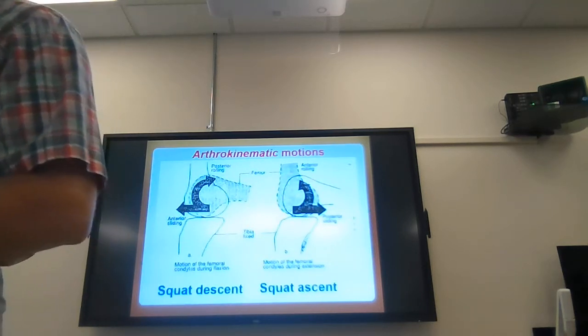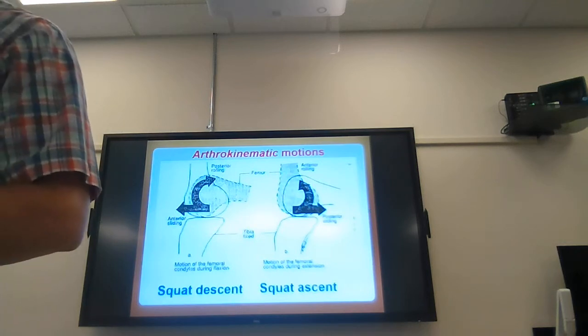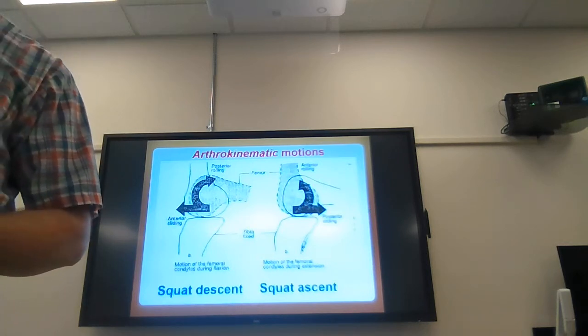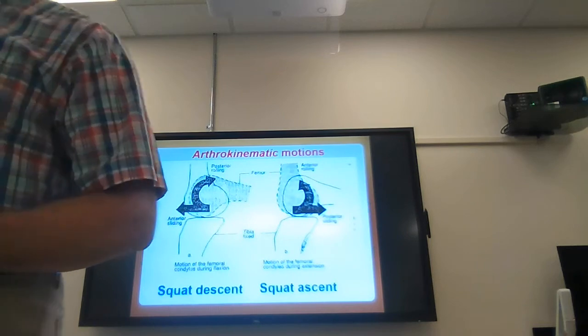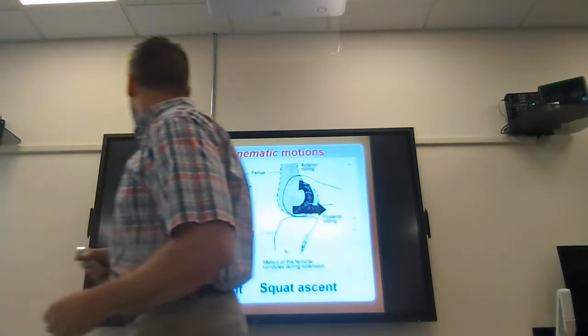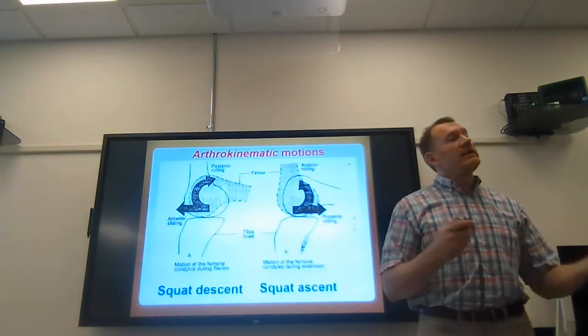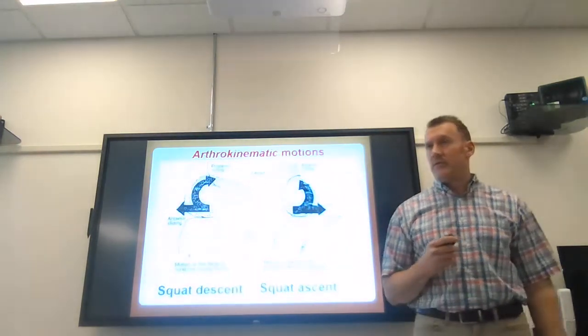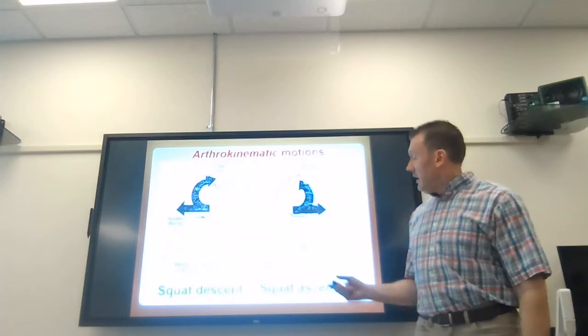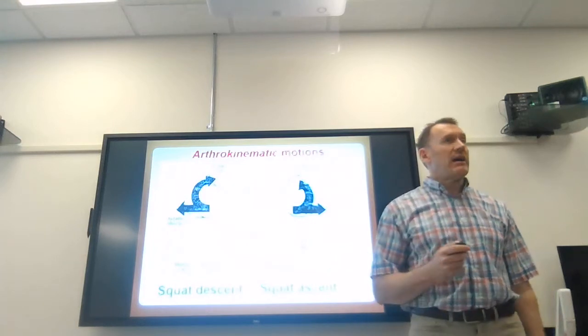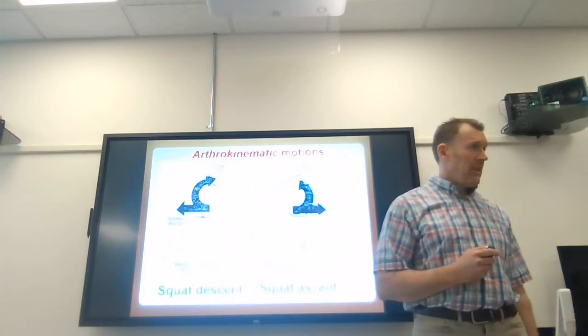But we also have to consider the smaller actions that take place between articulating bones. So if we look at just a simple movement where you are squatting down, that involves flexion of the knee joint, and then standing back up, that involves extension of the knee joint.